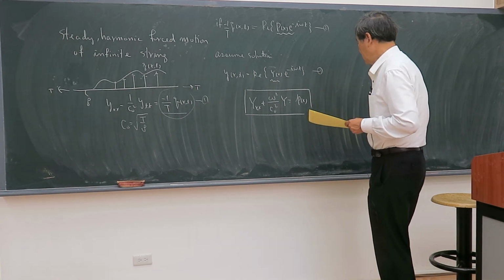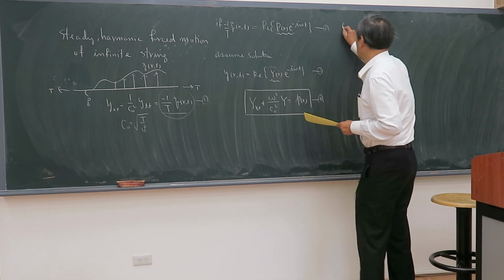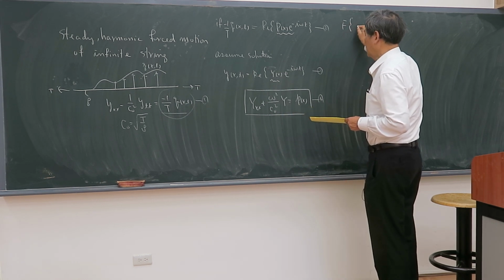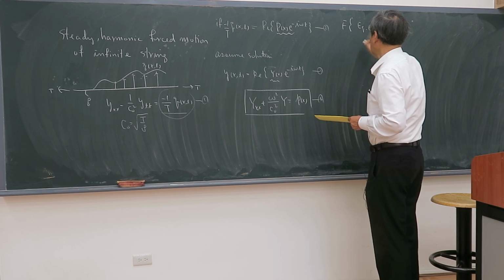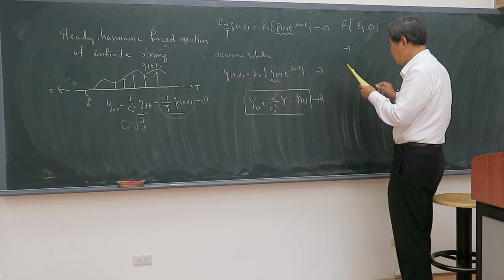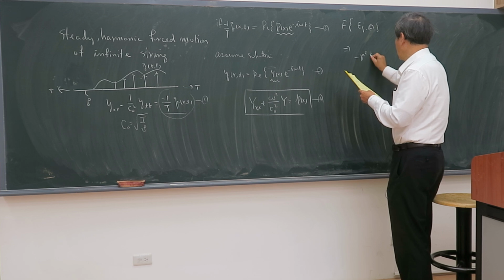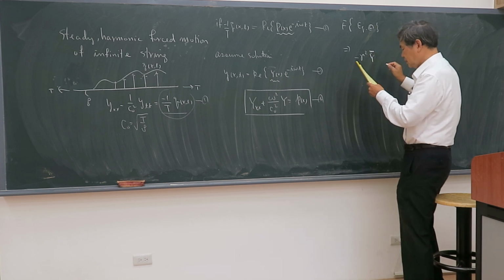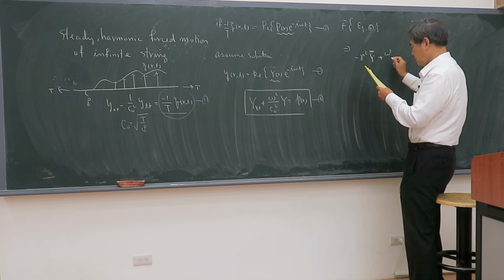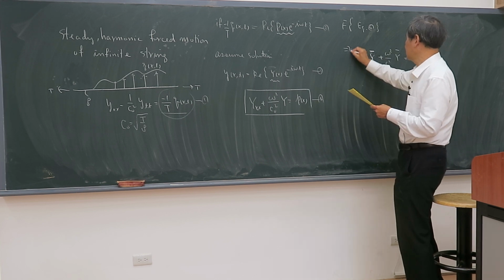Okay, then we apply the Fourier transform on this equation 4. Okay, then we get minus gamma square y bar plus omega square over c0 square y bar equal to p bar.